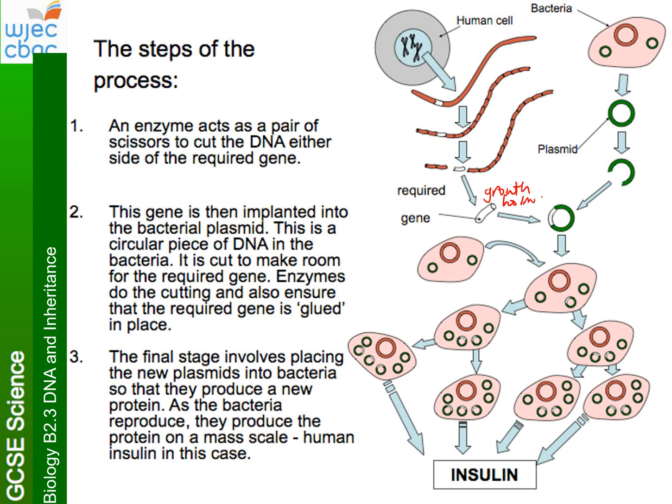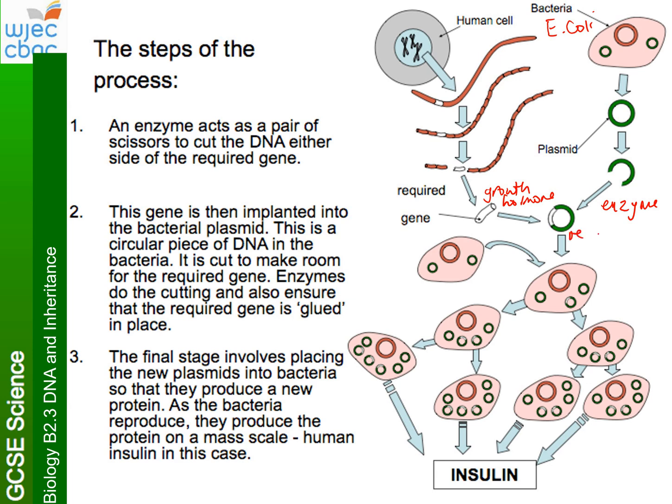So that would be removed from a human who wasn't suffering from pituitary dwarfism. You would take your bacteria, and the bacteria we normally use are E. coli. Inside the bacteria is a ring of DNA called a plasmid. That plasmid is cut open using enzymes. The gene for the growth hormone is inserted in, and it's glued in using the same kind of enzyme.